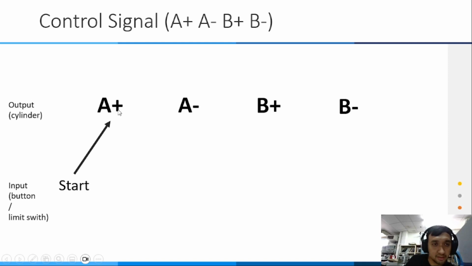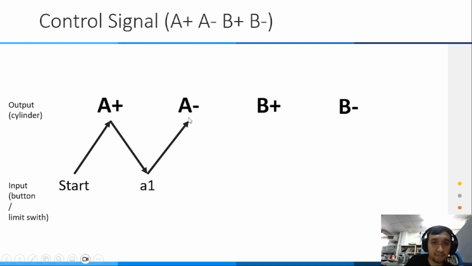When the A plus position is reached, limit switch A1 is active. After that, when limit switch A1 is active, the cylinder should move to the A minus position.